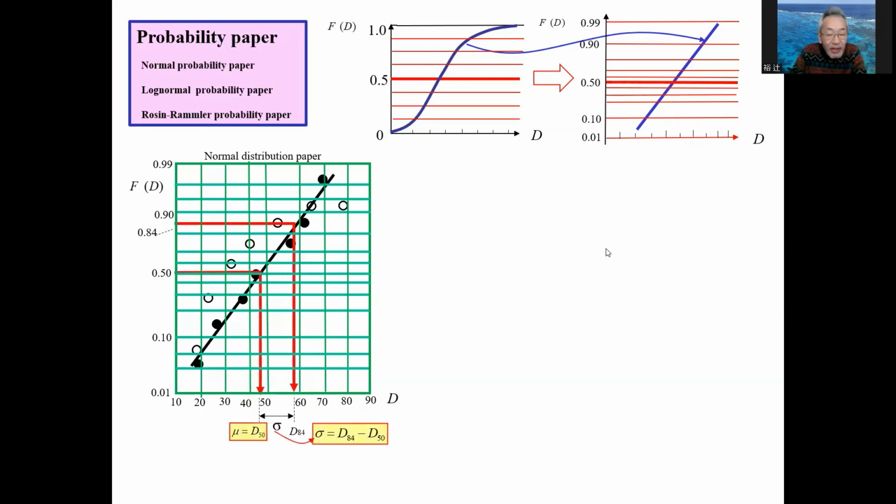Once the straight line is obtained, D50 and D84 are obtained from the correspondence between the vertical axis and the horizontal axis. The mean size mu is equal to D50. The standard deviation sigma is obtained from the difference between D84 and D50.